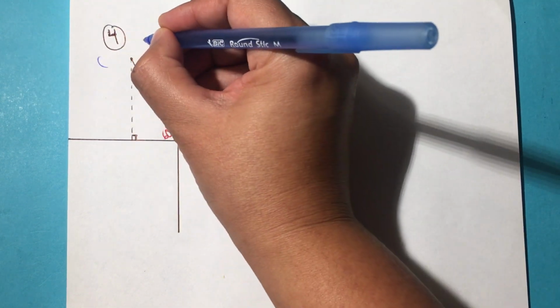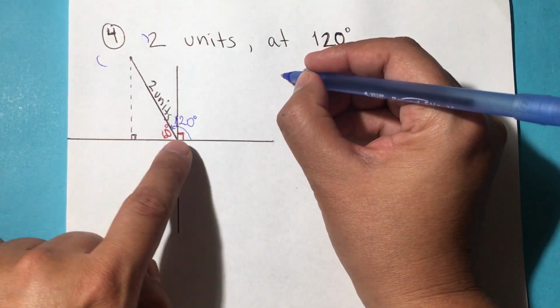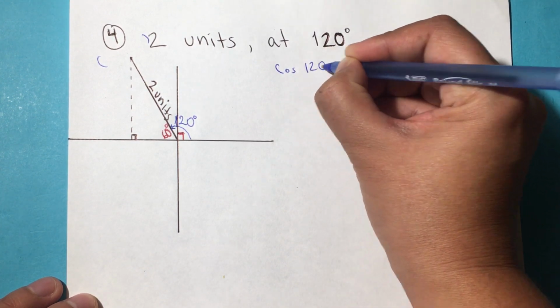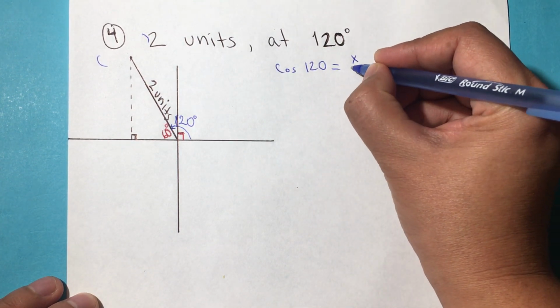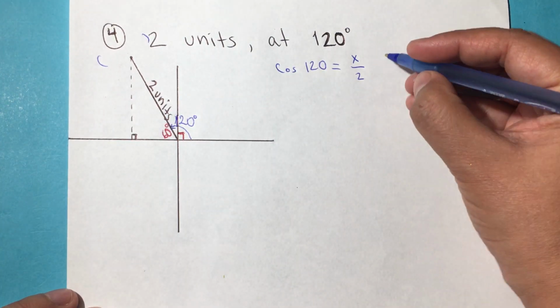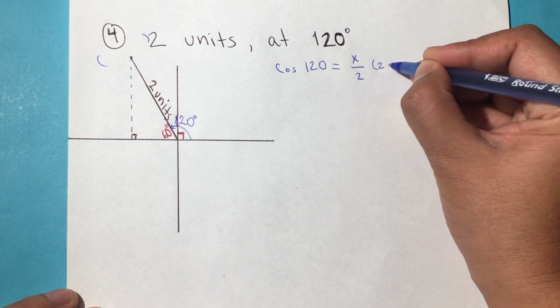For your x value, it's going to be cosine of 120 is equal to x over 2 units. If we're dividing, the opposite is to multiply.